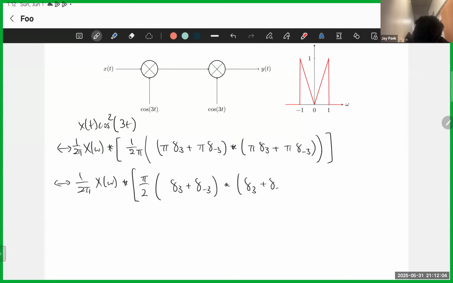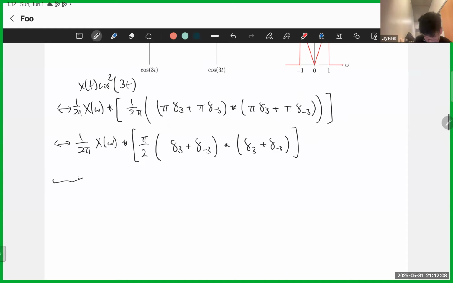Voila. Now we can pull this out again, so we get 1/4. And then we can start convolving stuff. We convolve the inside things, and we obtain delta 6 plus 2 delta 0 plus delta -6.